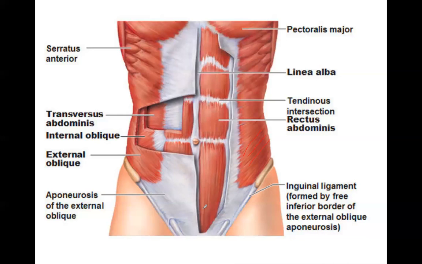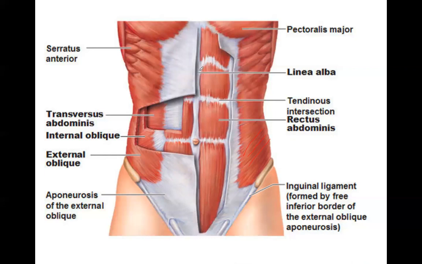It has its origin at the pubis and its insertion up at the xiphoid process of the sternum and ribs 5 through 7. So this is along the midline, this rectus abdominis. It's two parallel muscles that are separated by the linea alba, this connective tissue strip.